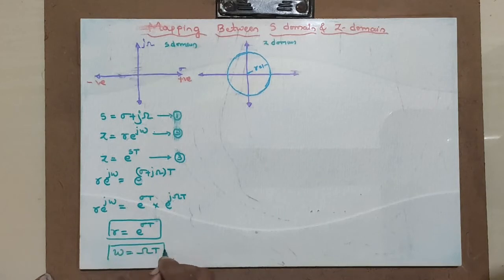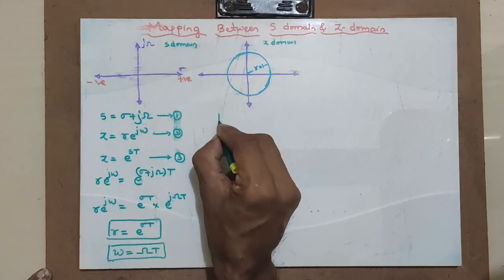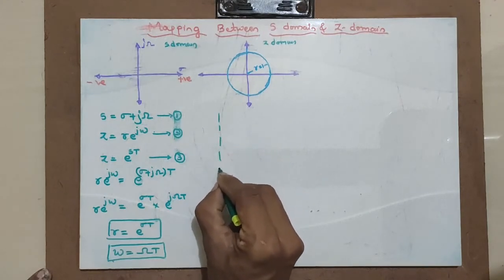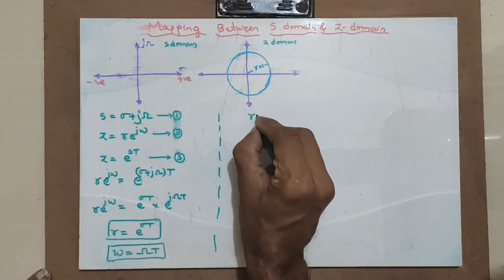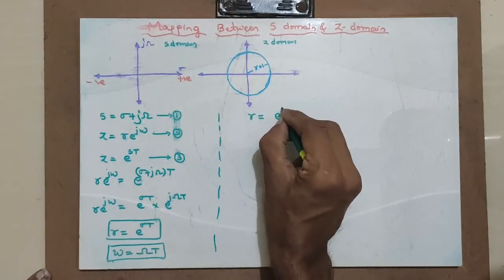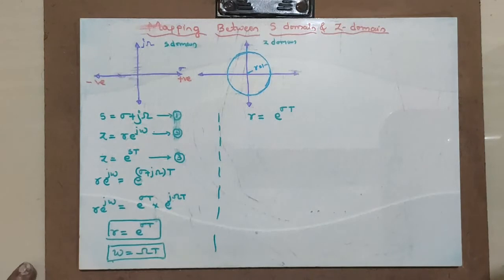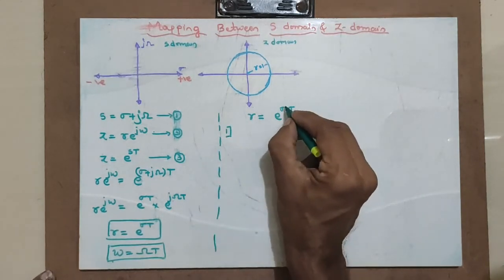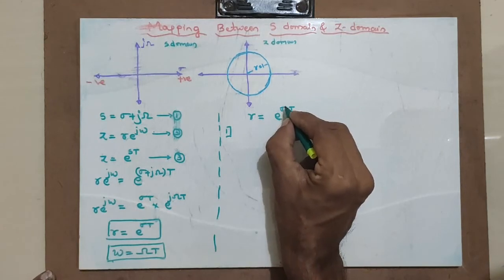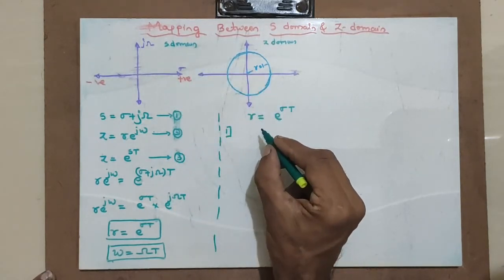This is the relationship between the magnitude and frequency. r is equal to e raised to sigma T, w is equal to omega T. What is the corresponding understanding from this? Let us consider this first, r is equal to e raised to sigma T. Let us consider the first point here, sigma in the S domain, which we will consider negative.